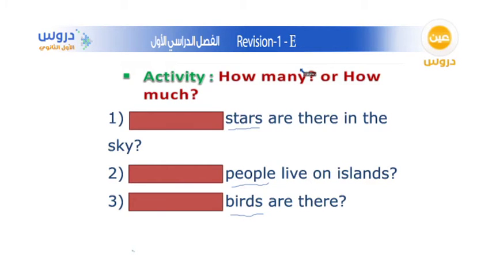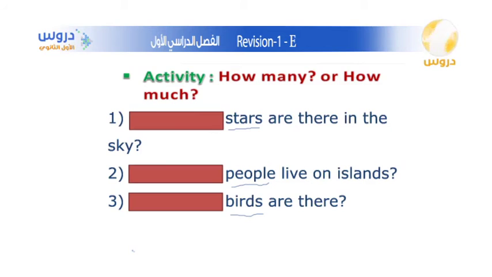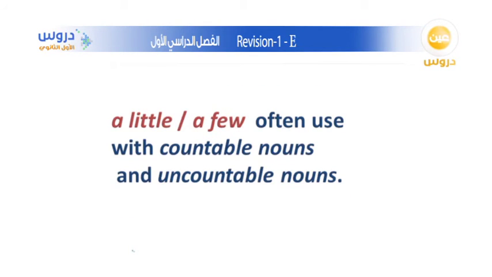Perfect. Now, let's move to because versus so. Because I said so, that's why. So is used to show the results of an action. And please notice this word here, results of an action.